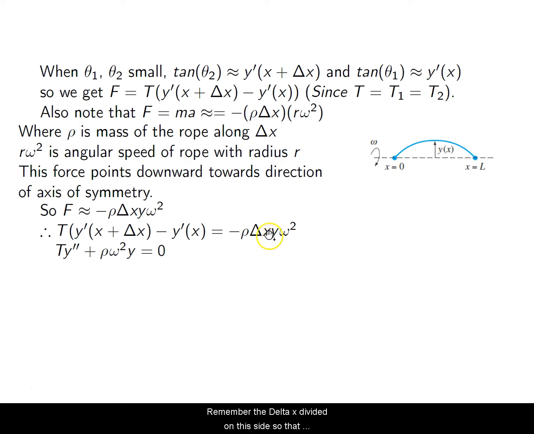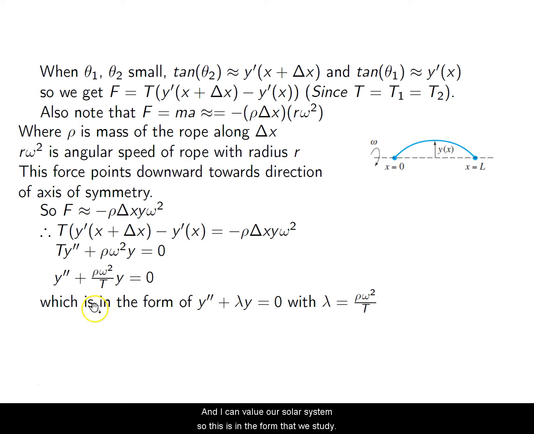Remember, we divided by delta x on this side so that we can turn that into the second derivative. And if I move this stuff over, I have this as my differential equation. If I divide by t, now I have an eigenvalue sort of system, right? So this is in the form that we studied a couple of minutes ago, where this eigenvalue lambda is rho times omega squared over t, the magnitude of our vectors.